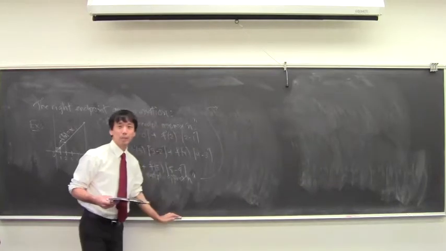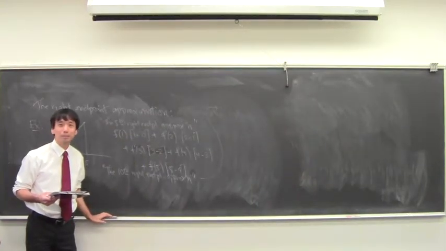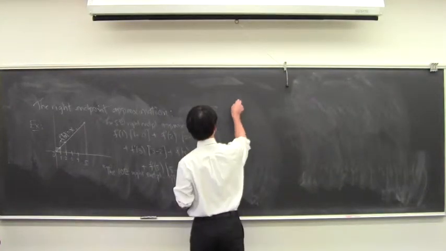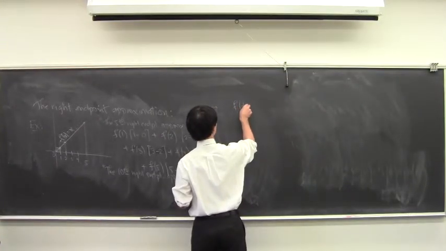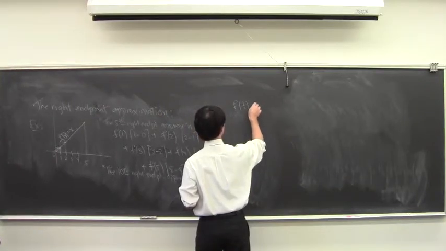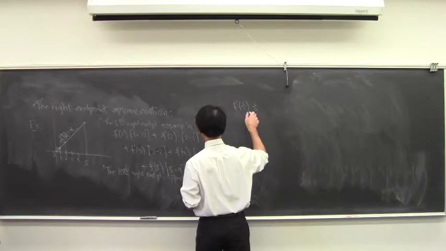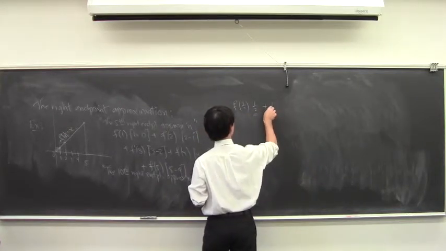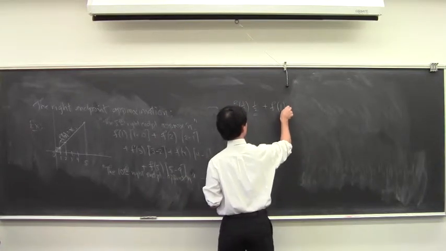Okay, would somebody like to say? Julia? f of 0.5 times 1/2 minus 0, so times a half. And then f1 times that.